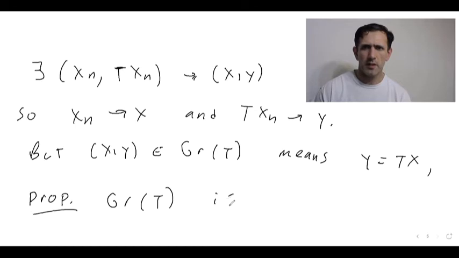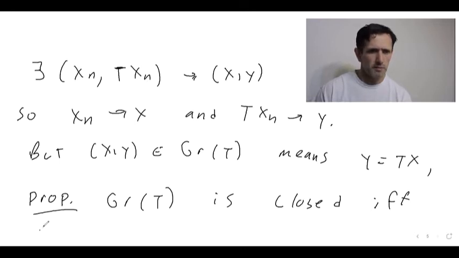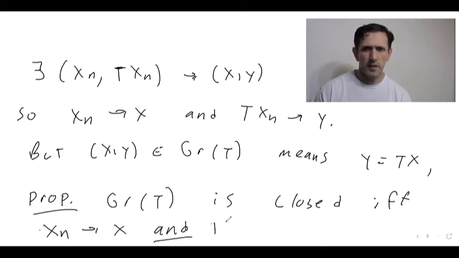The graph of T is closed precisely if the following is true: x_n converges to x, and T x_n converges to y, implies that y equals T x.